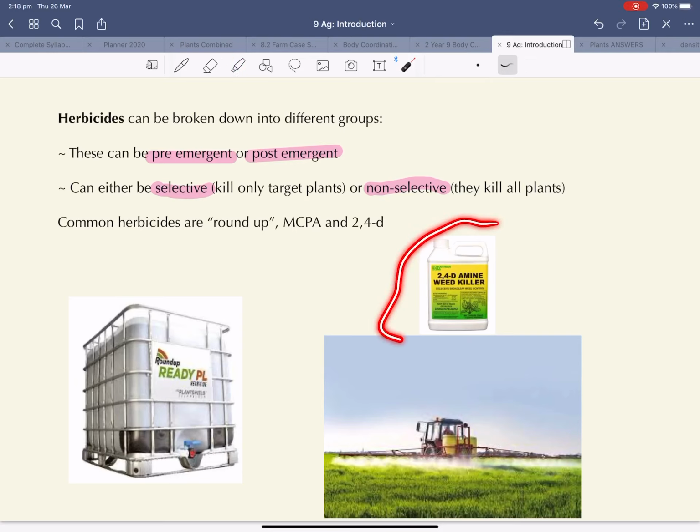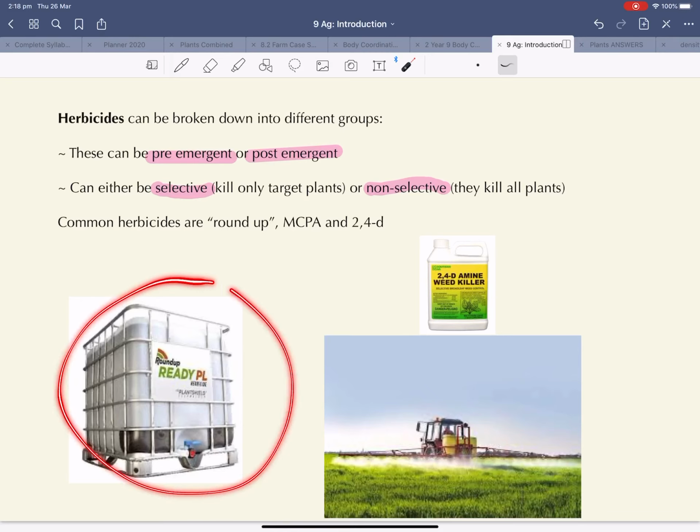So we've got 2,4-D is an example of a selective, and we use that in cereal crops to kill broadleaf weeds, so like capeweed, mallow, all stuff like that, thistles. And then we have a non-selective in Roundup. So Roundup kills all plants, or most plants, when it touches them, okay?